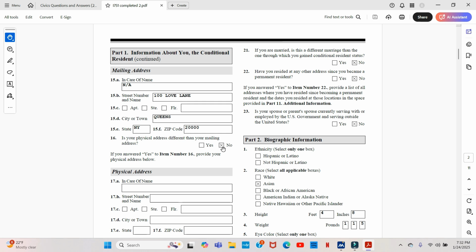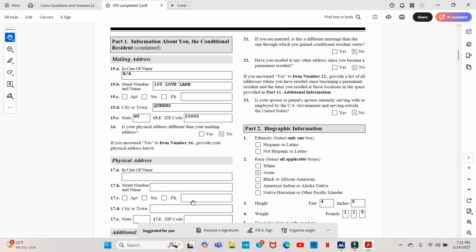In this case, it's no. So since it's no, then you would put not applicable in these boxes. If you are not able to type in NA for not applicable after the form is printed, you may go ahead and write NA in with a black ink pen.